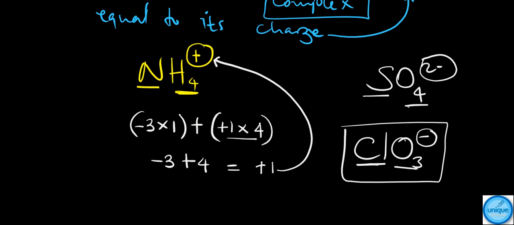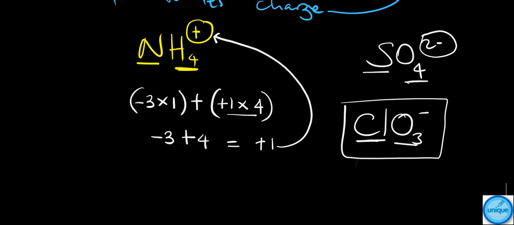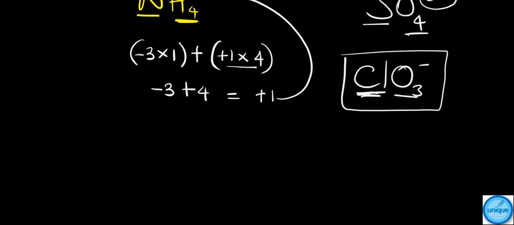Hey my guys, I think we can now start calculating oxidation number. You should assign oxidation numbers to elements. So let's say we have been asked to find the oxidation number of chlorine in that polyatomic ion, ClO3-.